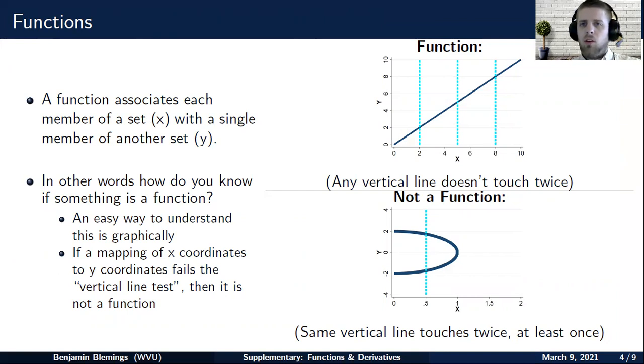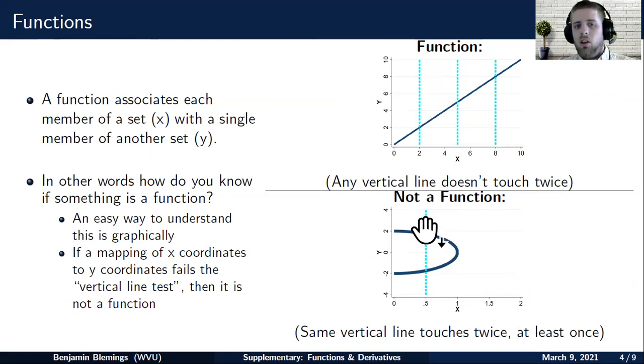And so over on the right side, over here with our functions, I have an example of a function and not a function. And so first we notice with our function, all of these vertical light blue lines only touch the function once. And so we know that this mapping of x to y, this y equals x mapping, is a function because each vertical line only touches it once.